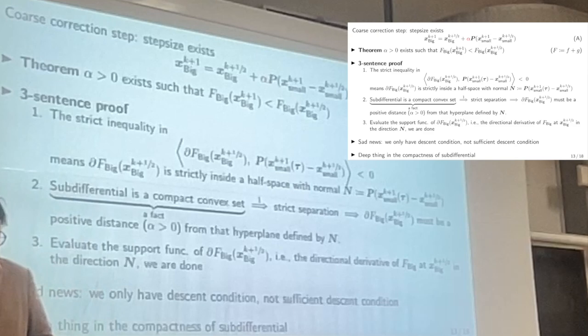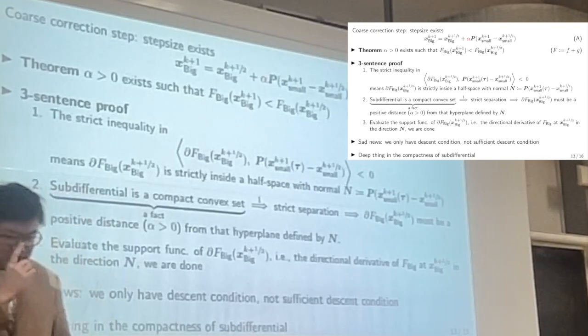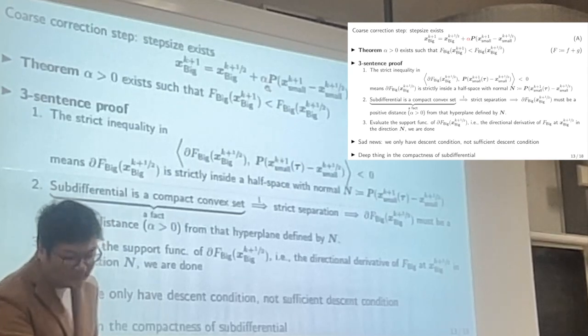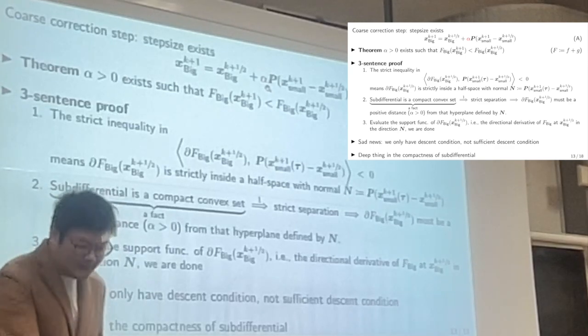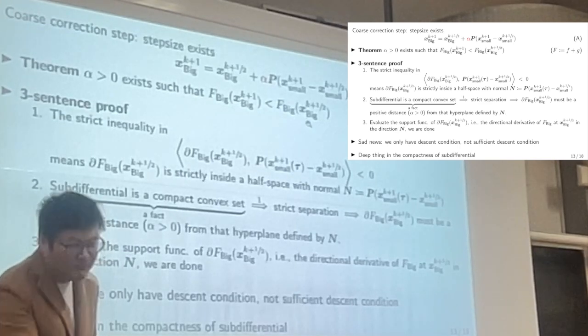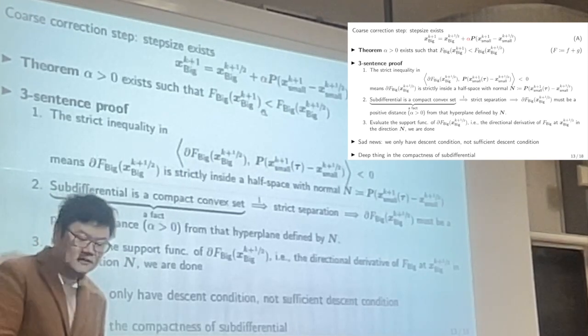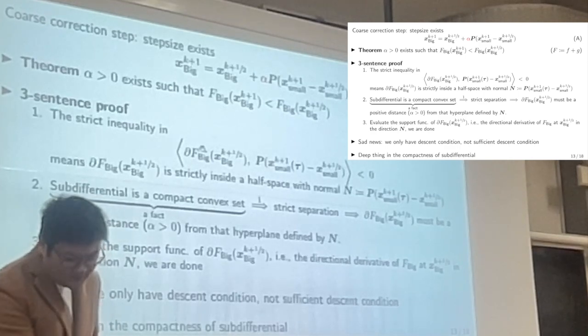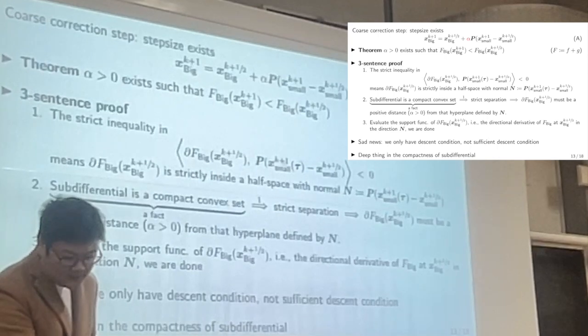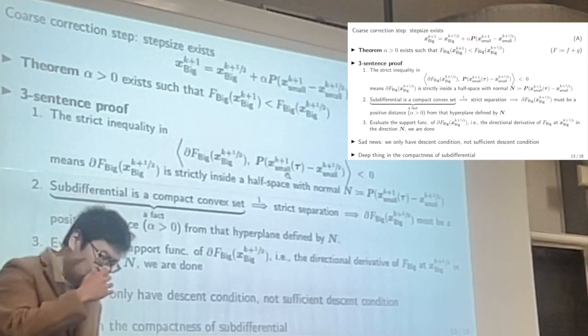And then what? I need to show the step size exists. This part, in my opinion, the proof is so elegant. I like it. So how do I prove this number exists? I need to show that if I do this, now my new variable is smaller than my old variable, strictly decreasing. And here's the idea. So if I have exactly this line, then what? This is a half space.